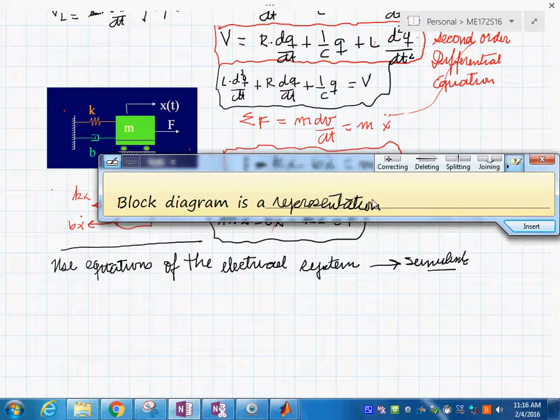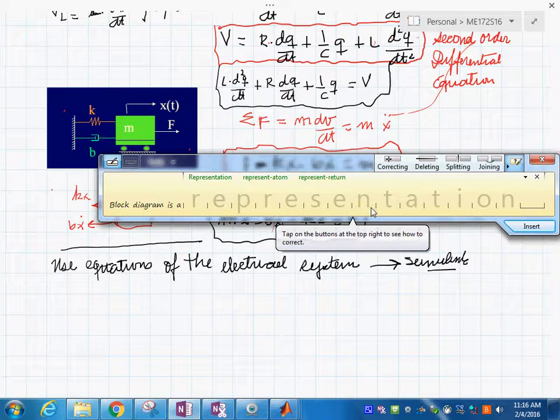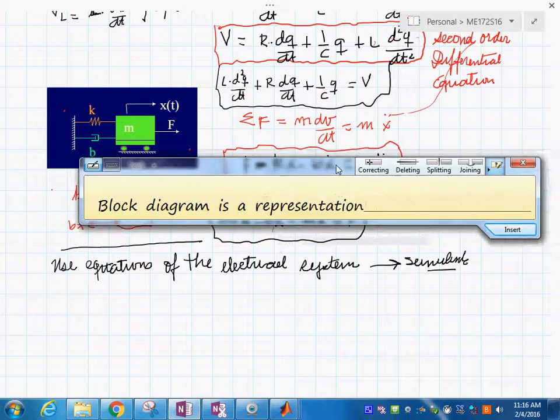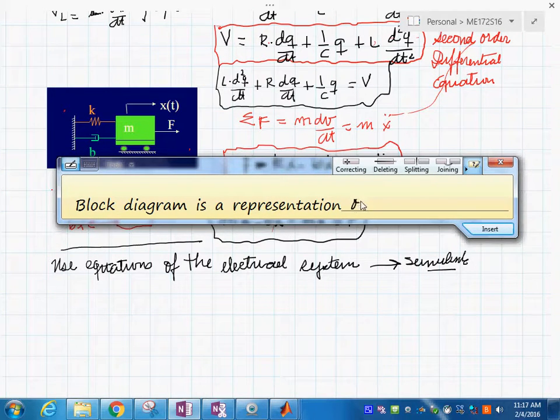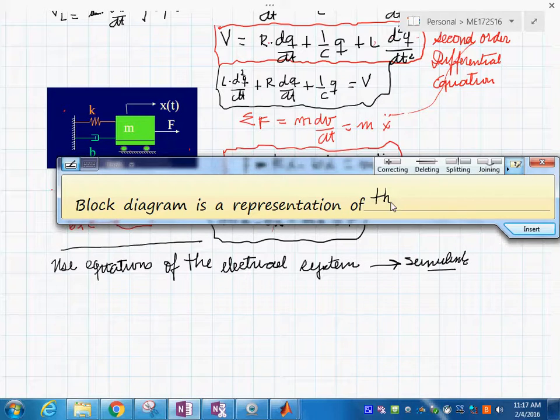Block diagram is a representation of the mathematical equations.